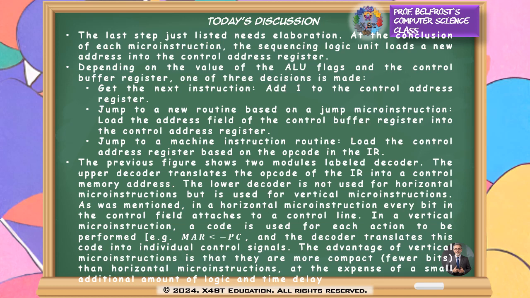The advantage of vertical microinstruction over horizontal is that it is more compact. We need fewer bits than horizontal microinstruction, at the expense of a small additional amount of logic and also time delay. This is very important.